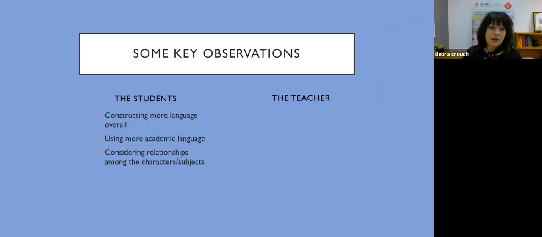So in this video, the thing that I notice a lot is that the kids are really constructing a lot more language overall, even though you only saw 2 students speak in this particular little clip. By this point, they're comfortable with the vocabulary, they're comfortable with the language, they're comfortable with their ideas because they've had time to talk them through.